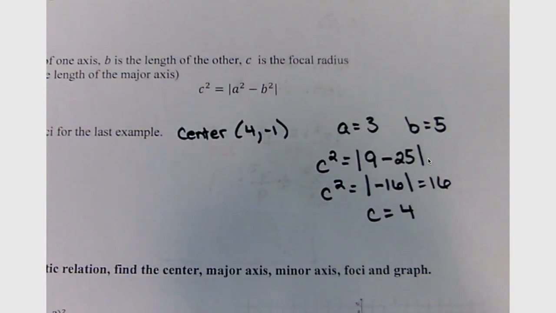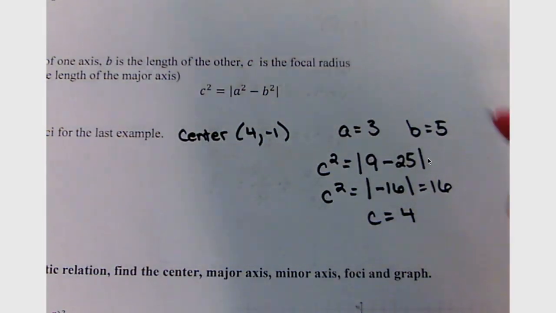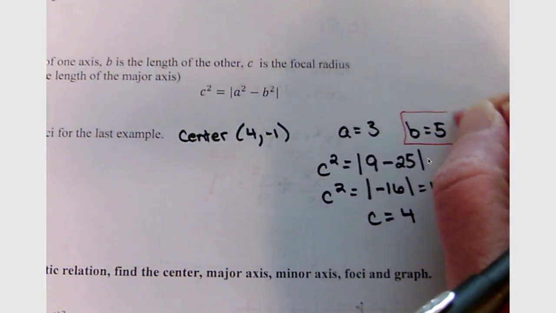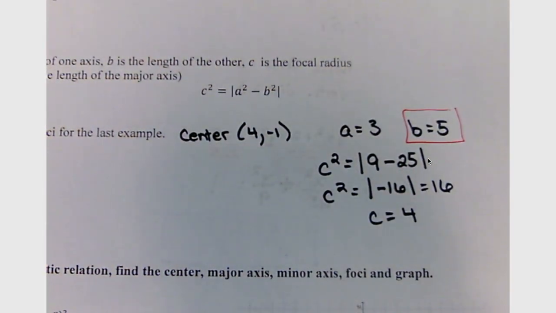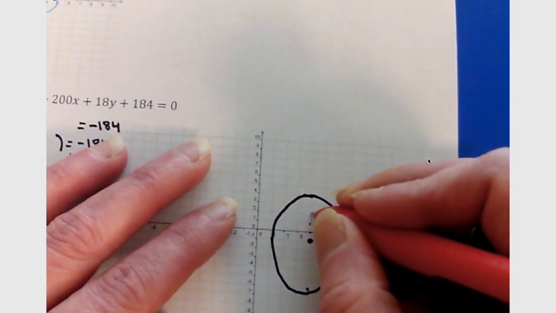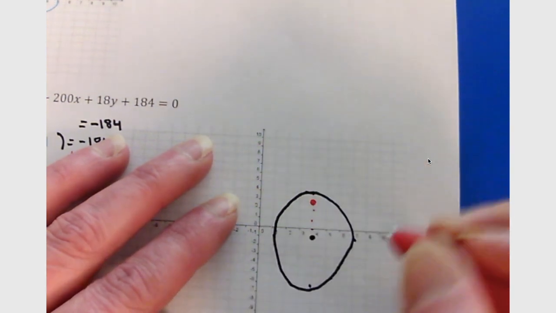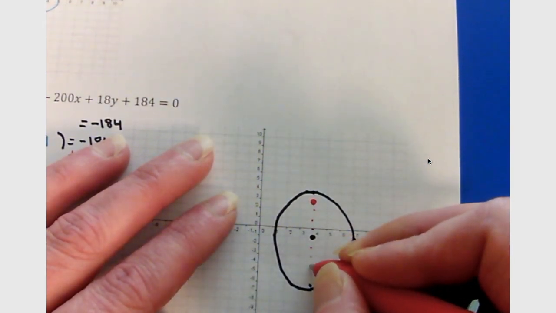They are going to be along the larger axis. So since the y was the larger axis, I'm going to be going up and down 4 steps. So 1, 2, 3, 4. Here's one of my foci. 1, 2, 3, 4.